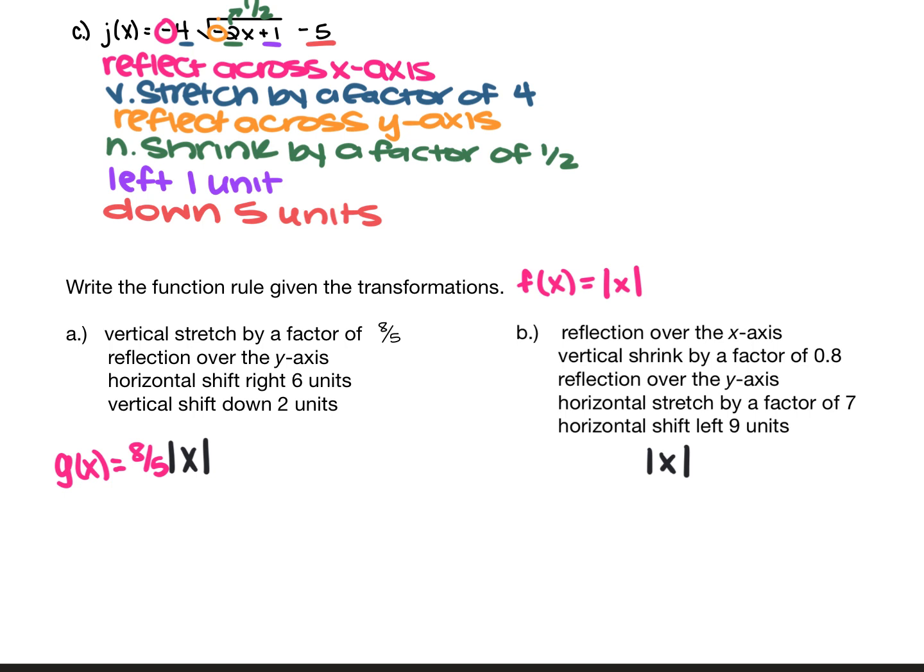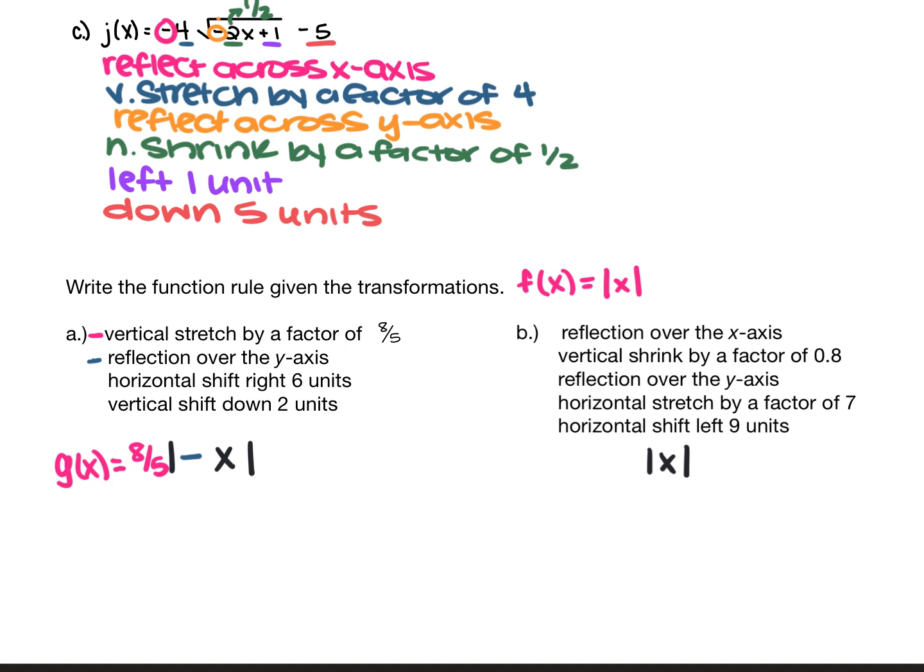From there, I'm going to dash each of these. From there, we are reflecting over the y-axis. If we're reflecting over the y-axis, that's happening horizontally, so it's going to go in front of the x inside the absolute value bars. So we're going to put the negative in front of the x inside the absolute value bars.